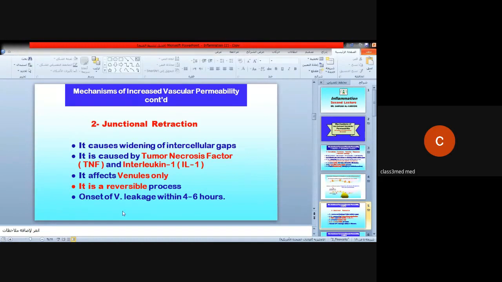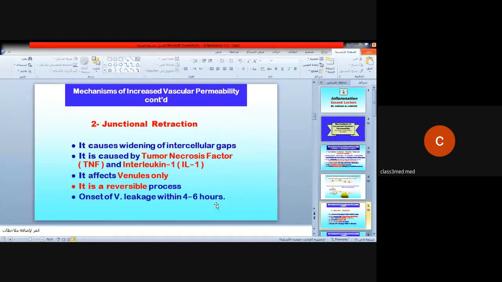But the onset of vascular leak is not immediately after the injury or inflammation, but it starts within 4 to 6 hours. So the principle of this mechanism and the first mechanism is the same, but the difference is in the chemical mediators and in the onset of the vascular leak.